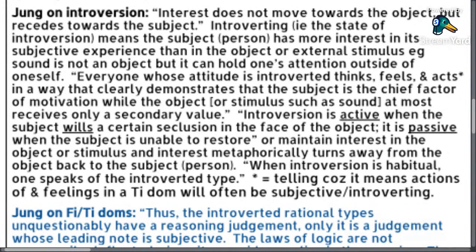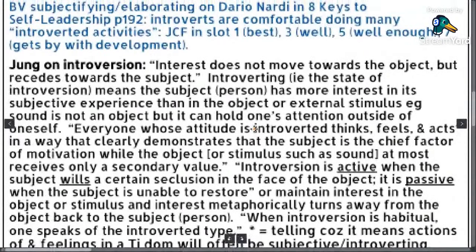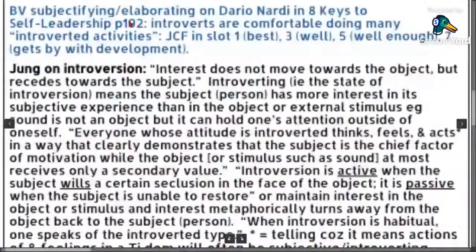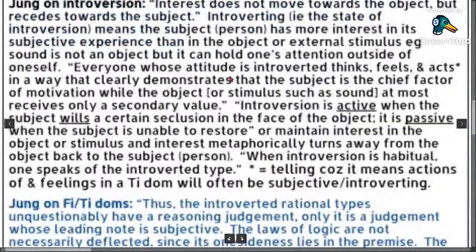Everyone whose attitude is introverted thinks, feels, and acts in a way that clearly demonstrates that the subject is the chief factor of motivation. So you see that is consistent with the Dario belief that the introvert is pretty good at all the introverting functions, because Jung has written, everyone whose attitude is introverted thinks, feels, and acts in a way that clearly demonstrates that the subject is the chief factor of motivation.